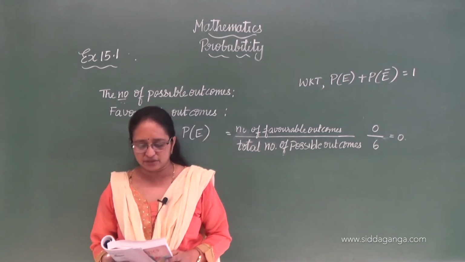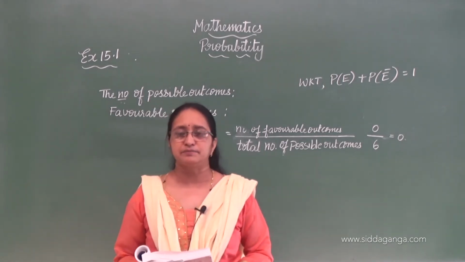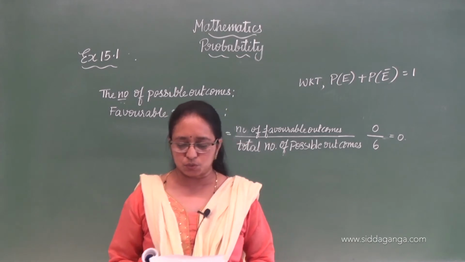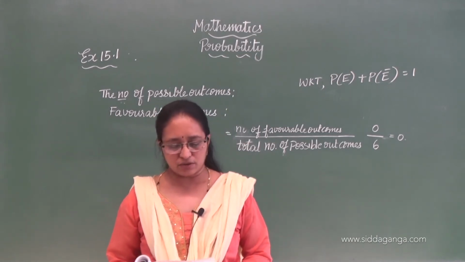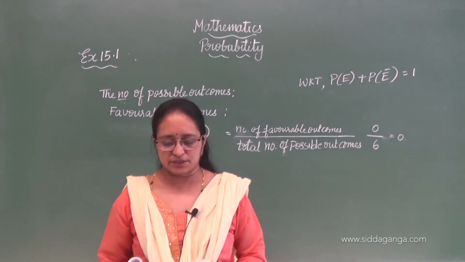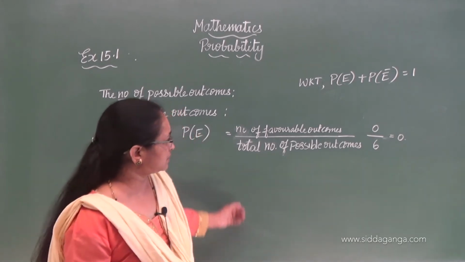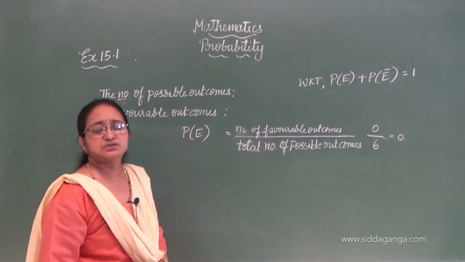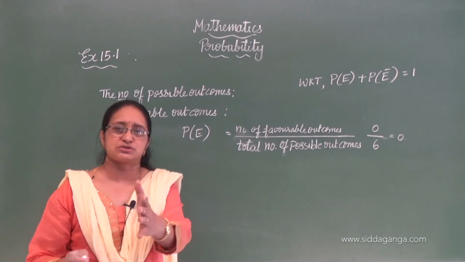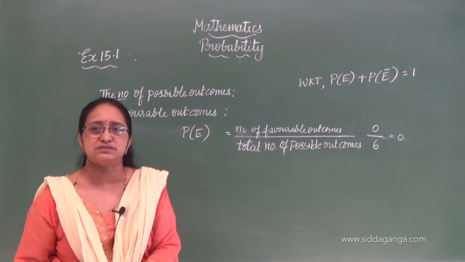Next, the probability of an event is greater than or equal to dash and less than or equal to dash. See, so many examples we did. If you go through those examples, just turn the pages and find out.